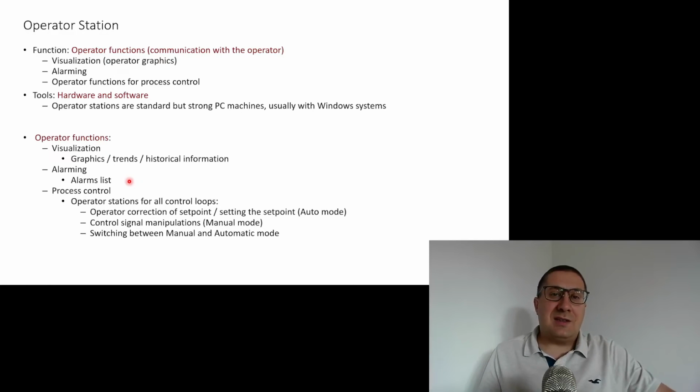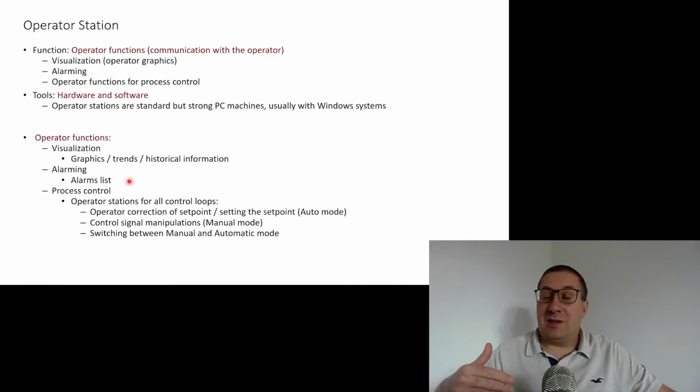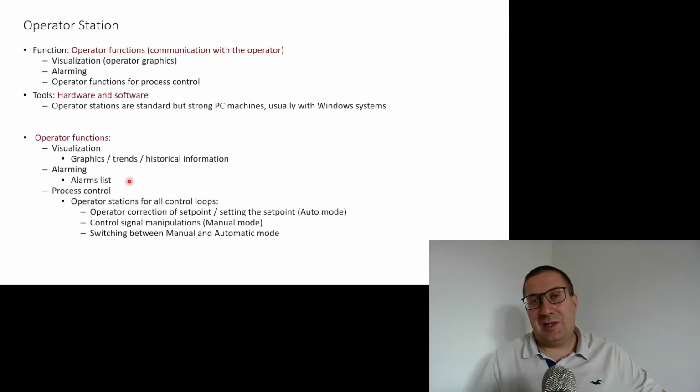On the other hand, we can switch to manual mode and put the information about the desired pump load. So we are not happy with the flow, totally not happy, so we have to take care of the valve.